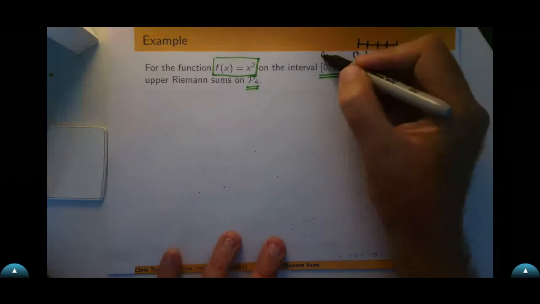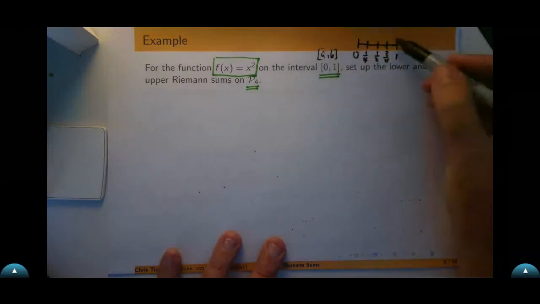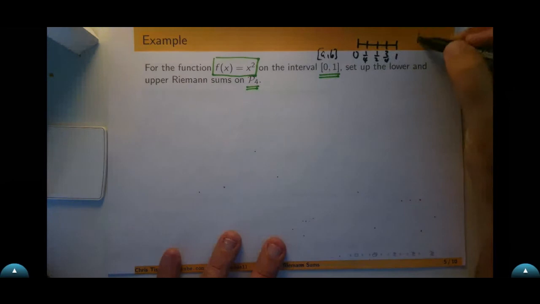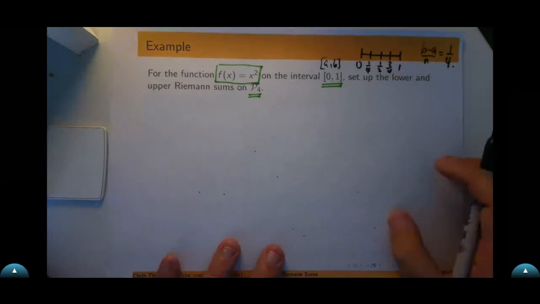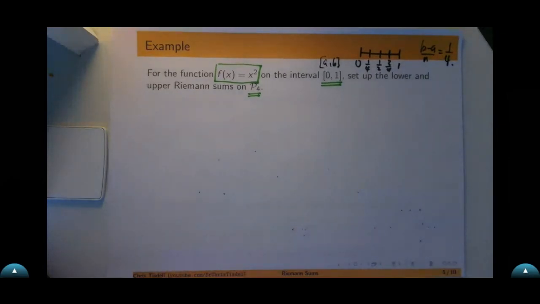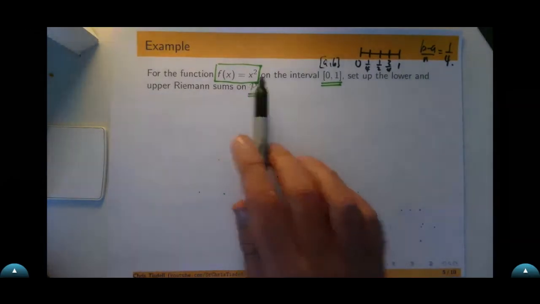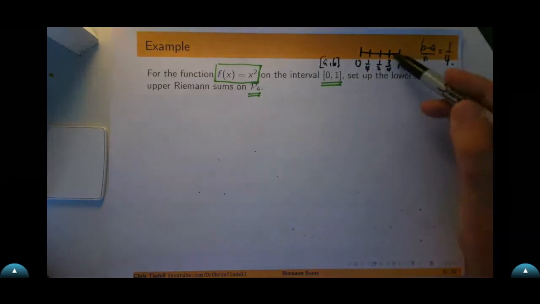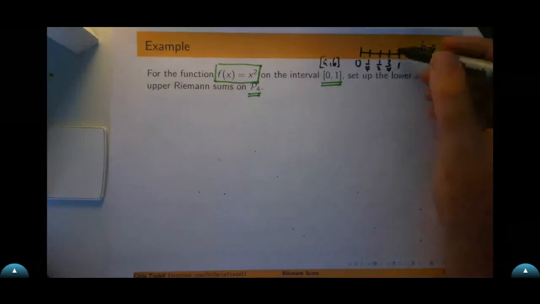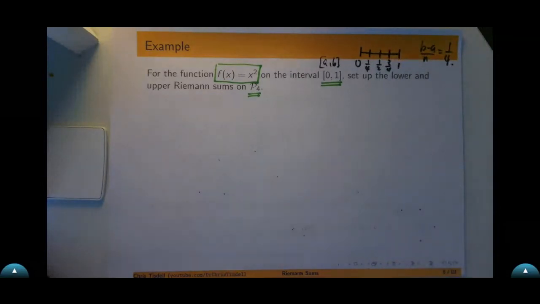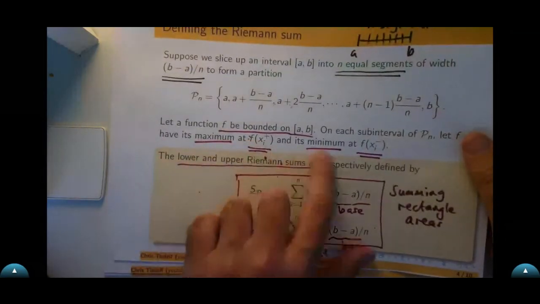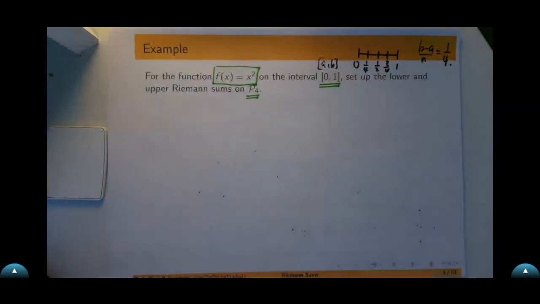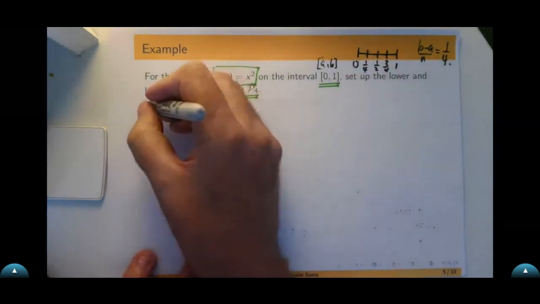In this case, they're all going to be width 1/4. So b minus a over n, which gives you the width, is 1/4 here. Okay, so you've got your function, you've got your interval, you've got the width between each point, and now we're asked to set up the Riemann sums, right? So we want to look for the maximum of our function on each subinterval and the minimum of our function. So let's do that separately. Okay, so I'll do that over here.